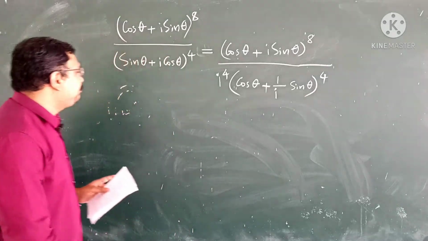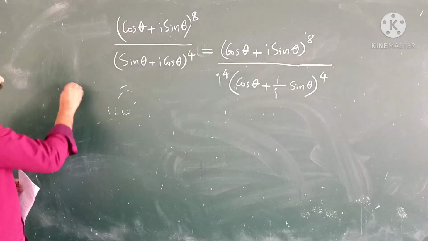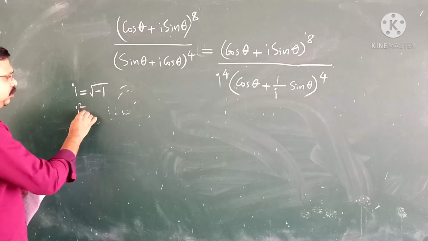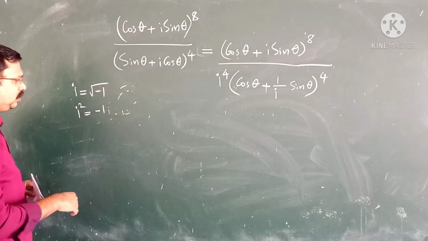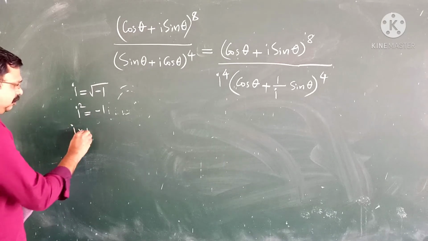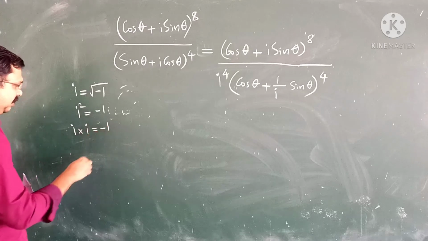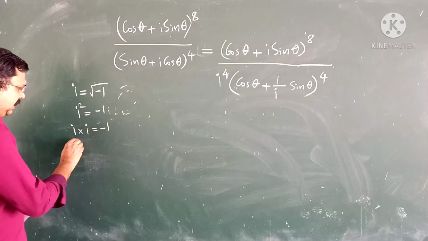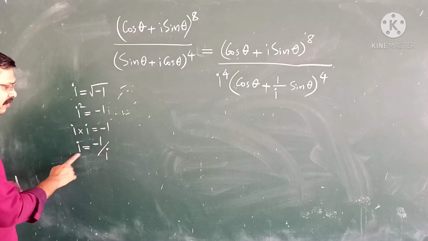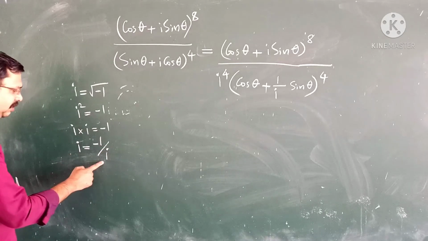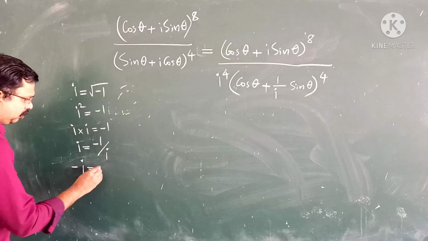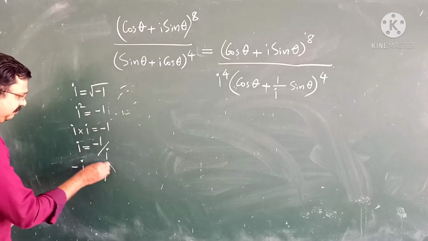Okay, now listen, we know that i equals root minus 1. What is i square? i square is minus 1. Therefore, i square can be written as i into i, that is minus 1. Then i equals minus 1 by i, that is when we are multiplying both sides with minus 1, then it will become minus i equals 1 by i. Very, very important.